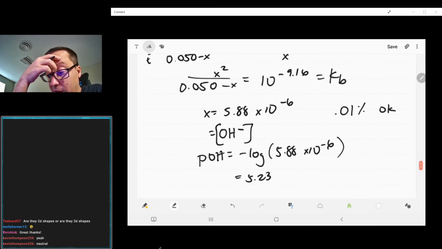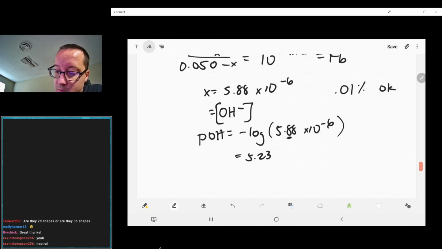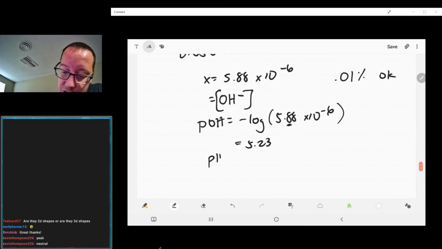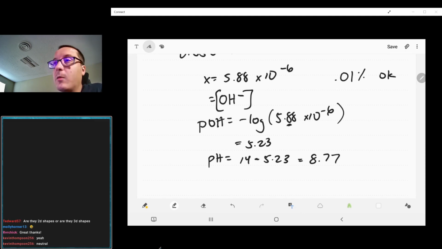We still need 2 sig figs, so we're okay here. So pH will equal 14 minus 5.23, which will be equal to 8.77. Hooray!